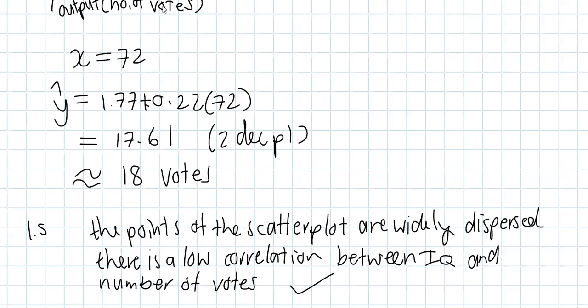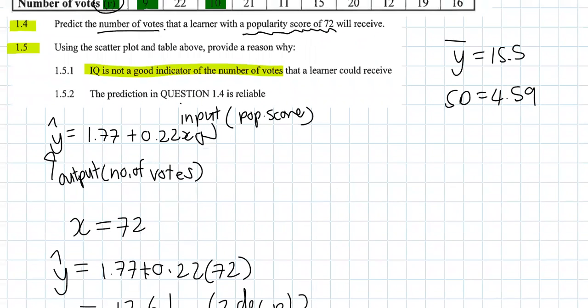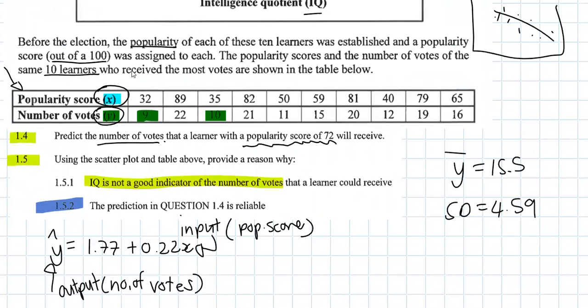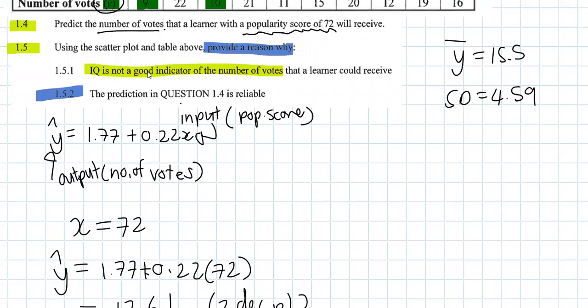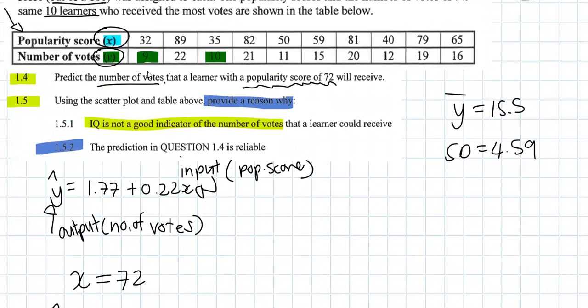Okay. Number 1.5.2. Number of votes, there's the prediction in question. Use the scatter plot and the table to provide a reason why the prediction in question 1.4 is reliable.